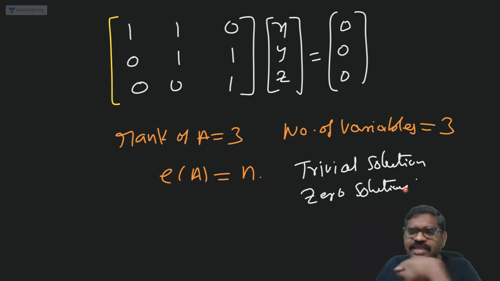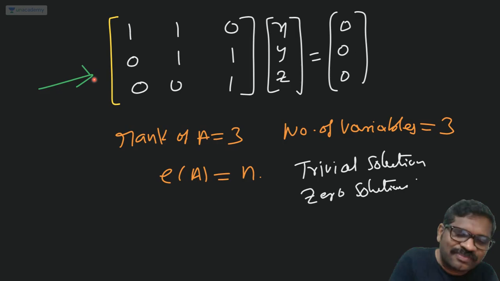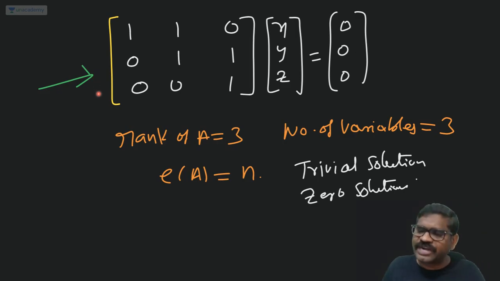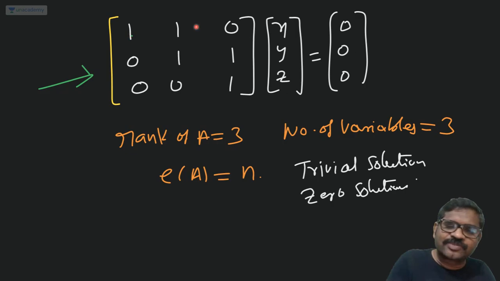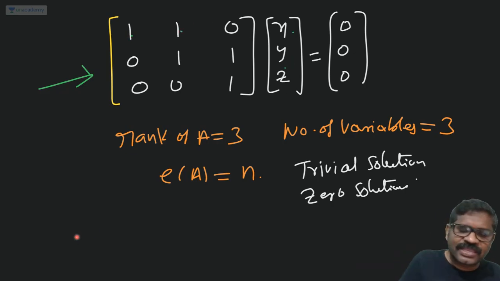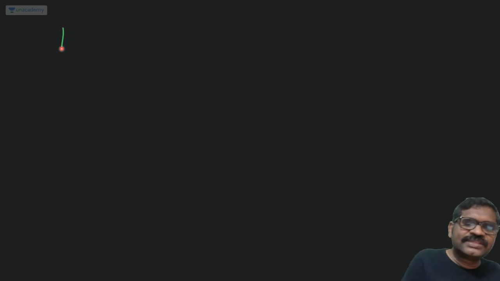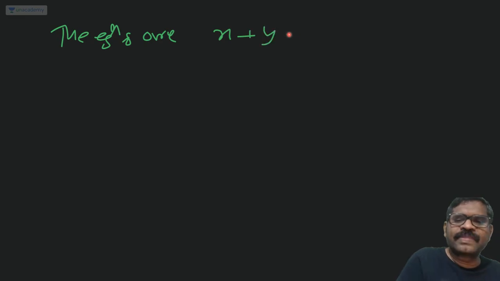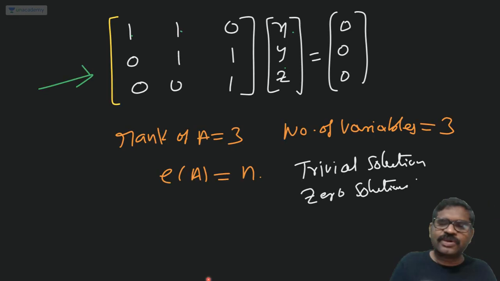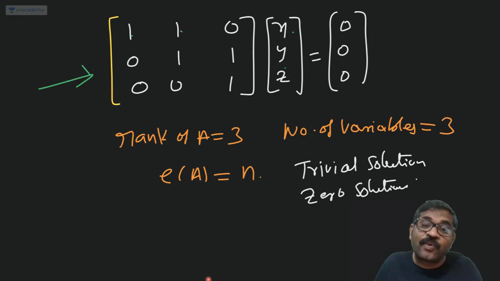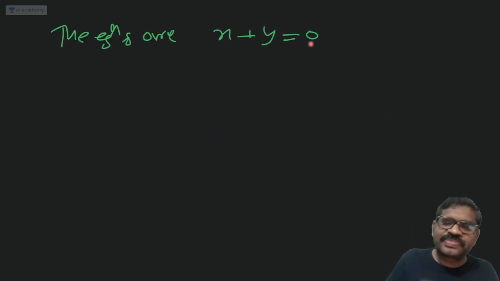Simple. Write the equations by using this. The equations are x plus y equal to 0. Next, y plus z equal to 0.